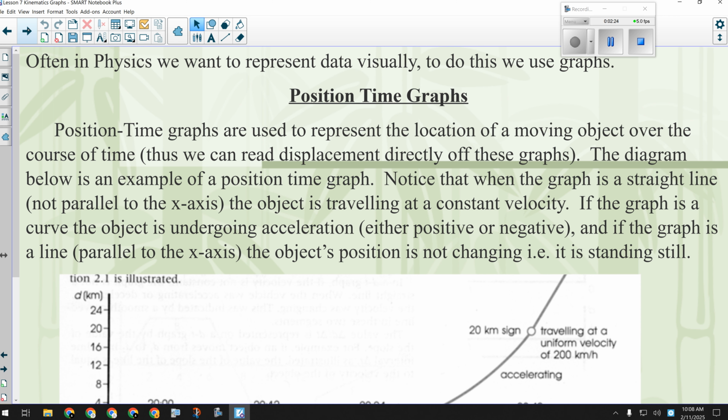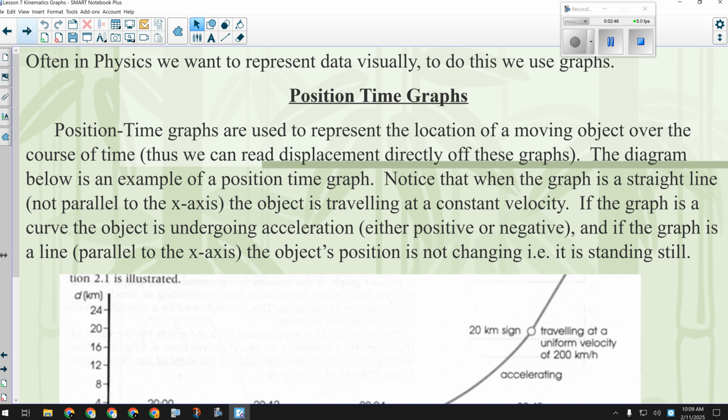Because you can see where the object is over time, you can also infer or interpret the nature of its movement. That is, you can tell whether it is moving forward or backward. You can tell whether it's moving at a constant speed or accelerating based on the shape of the graph.